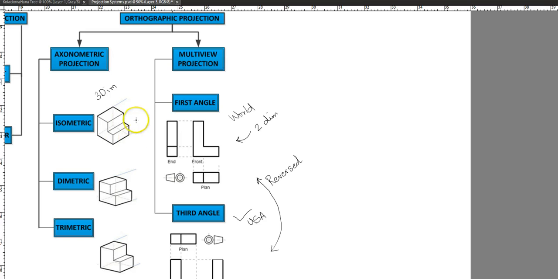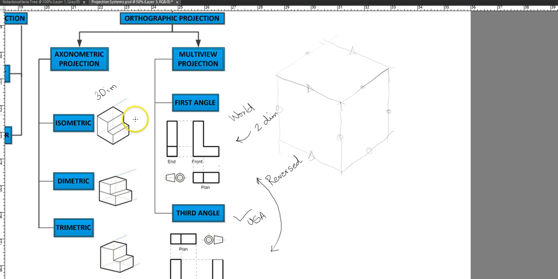So if I were to make a simple cube, I would draw my projection lines, and they should be parallel to each other. So this line is parallel to this line, is parallel to this line, is parallel to that line, is parallel to this, is parallel to this one, and this is parallel to this.